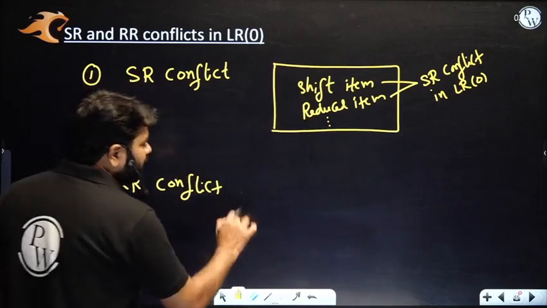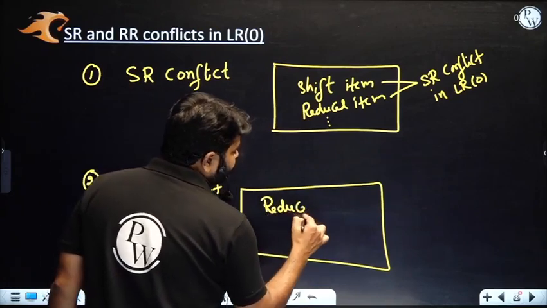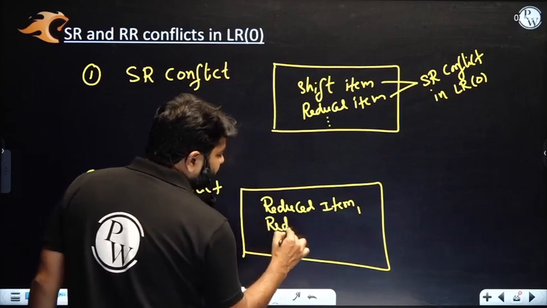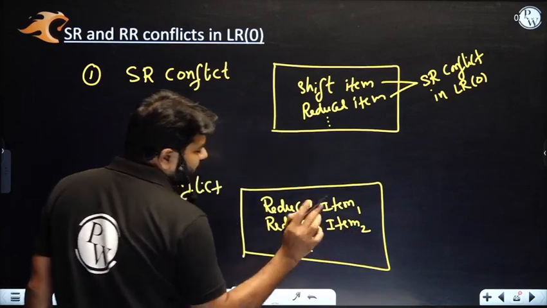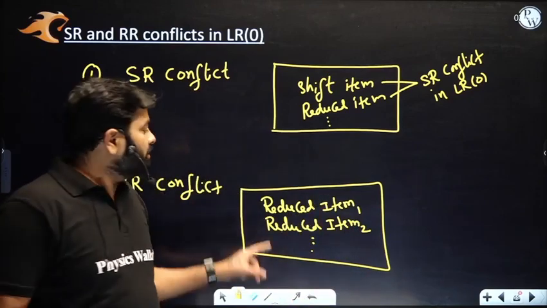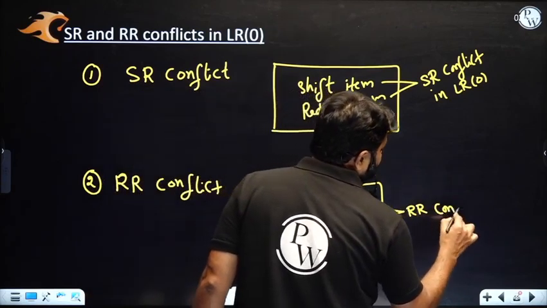RR conflict means in the same state you see one reduced item, let us say this is one, and another reduced item, let us say it is two. Other items may be present or not, it does not matter, you may have a few other reduced items, a few shift items, it is fine, but this together will produce an RR conflict.